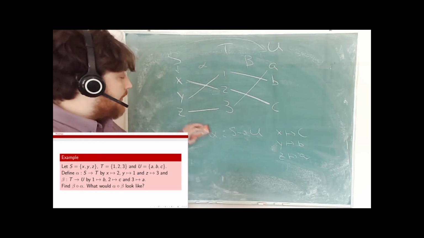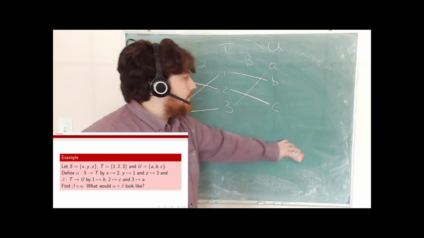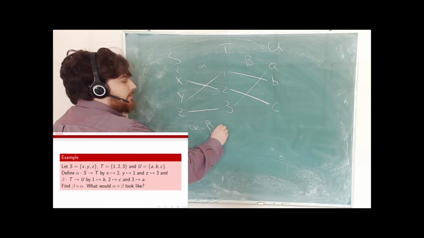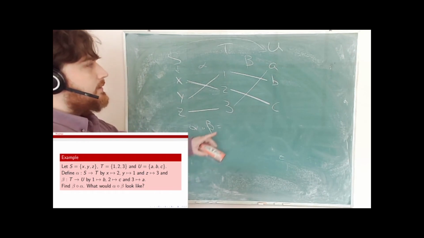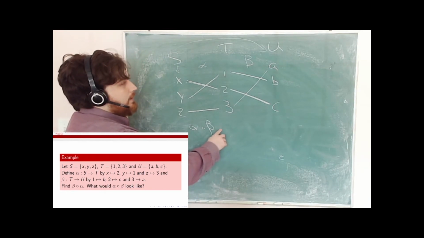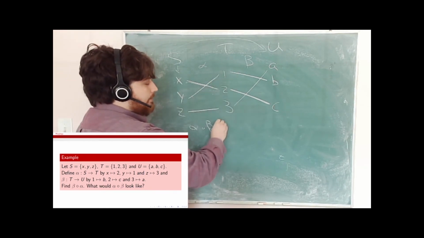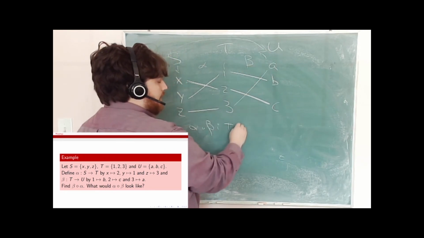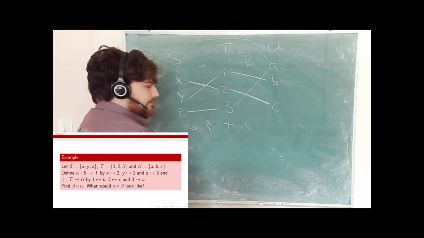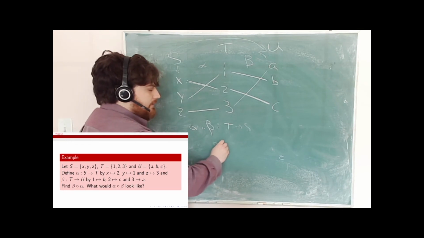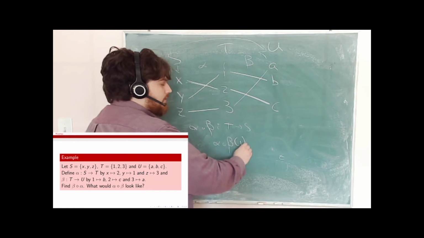Now, if I had tried to find alpha of beta, what would that mean? That means actually going beta first. So let's find alpha of beta. I'm going to try to map T to U, and then I'd have to end up at S. So what is alpha of beta of 1?